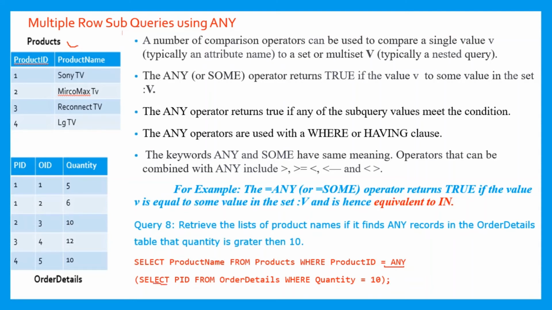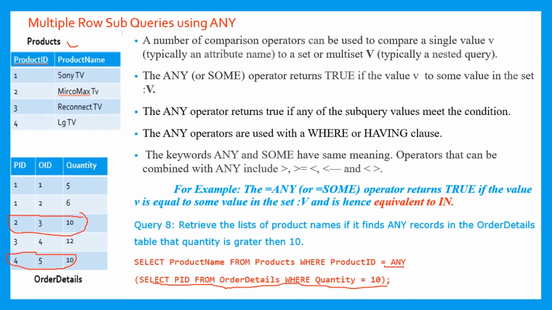Now the innermost query has to retrieve the product ID from the order details table where quantity is equal to 10. Once I execute the innermost query, I will get this result, these rows, 2 and 4. These are the two product IDs where quantity is equal to 10.